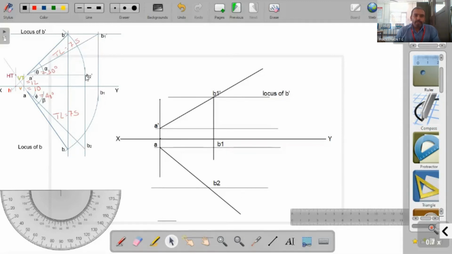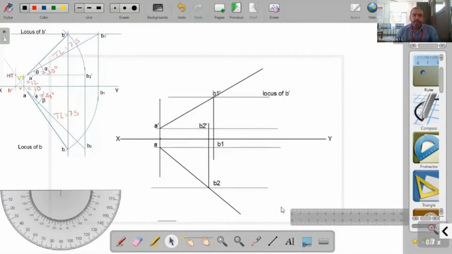B2 dash is obtained by drawing a line which is perpendicular to the XY line, that is a projector through B2, and when the projector intersects with the locus of A dash, we will get the point B2 dash. This is the point B2 dash.